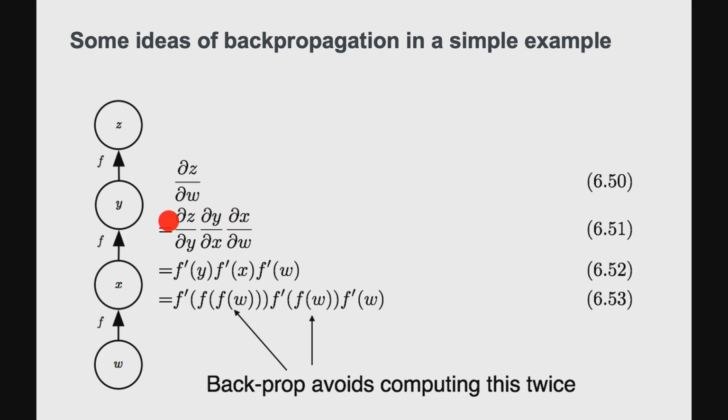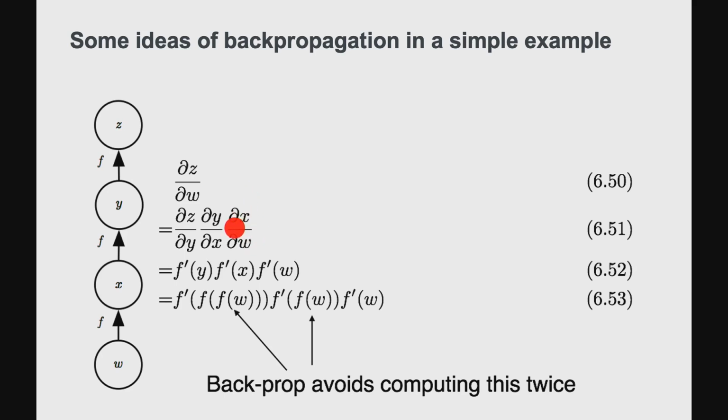We can do it by taking the partial derivative of z in the direction of y. So the change of y influences the change of z. Then the change of y in the direction of x, so this is the partial derivative of the value of y in the direction of x. This is how a change of x influences y. And then how is x influenced by w?